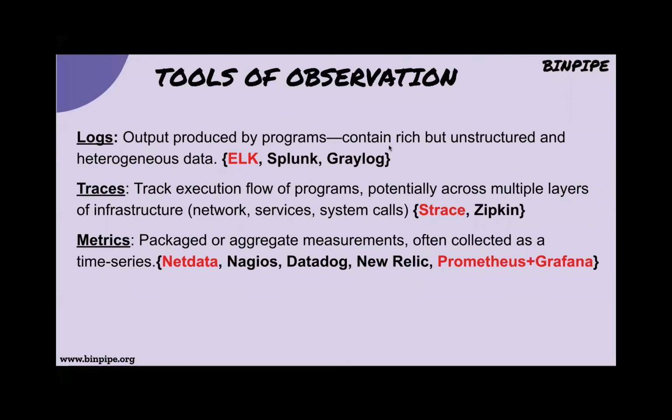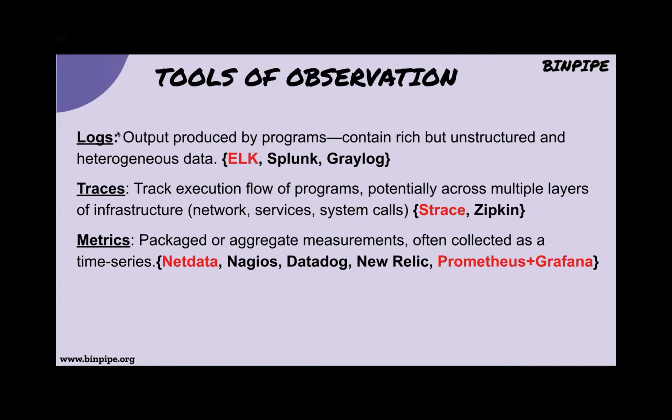That's why these tools allow you to create structured and homogeneous data, so that it can be easily filtered and parsed. By parsed, in software terminology, we mean that it can be read and understood. So that is what logs do, and these are the tools we use to read those logs in one place.